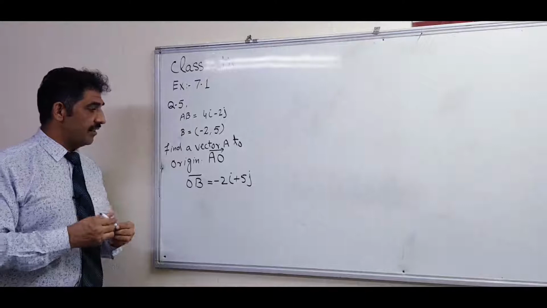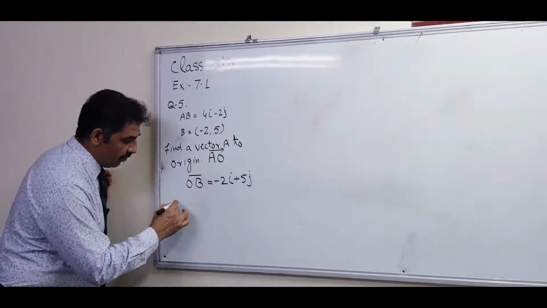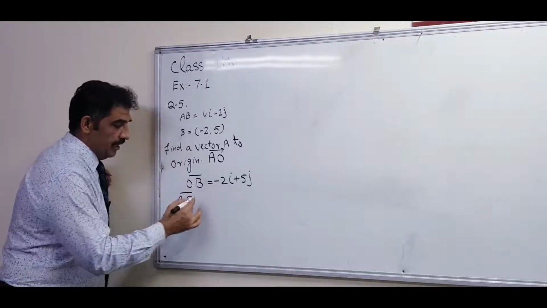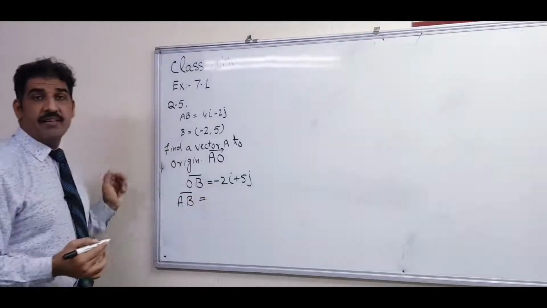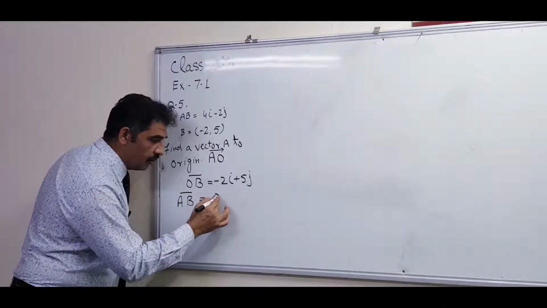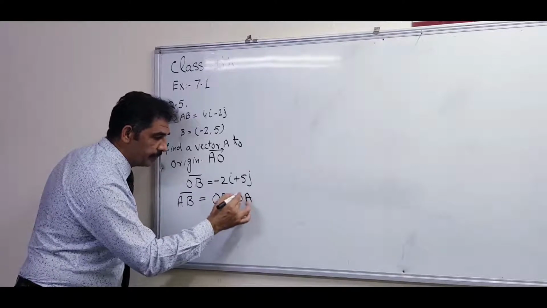After that, according to the definition of AB, AB is equal to, in vector form, OB minus OA.